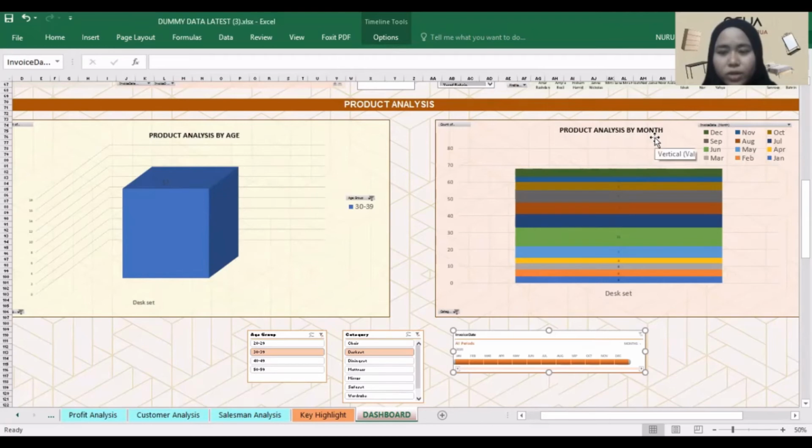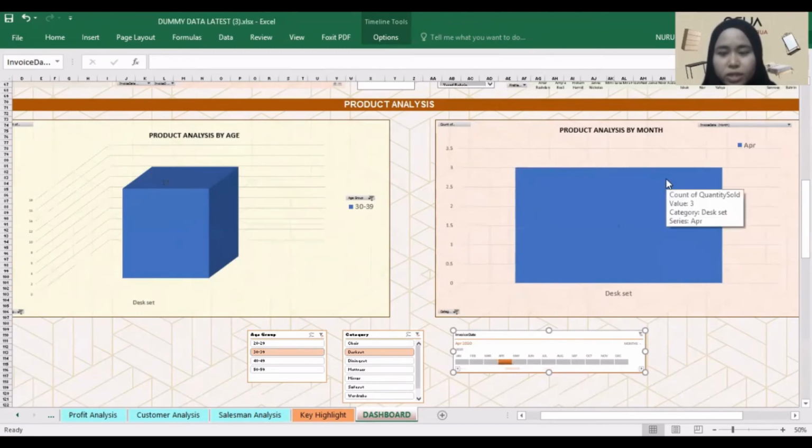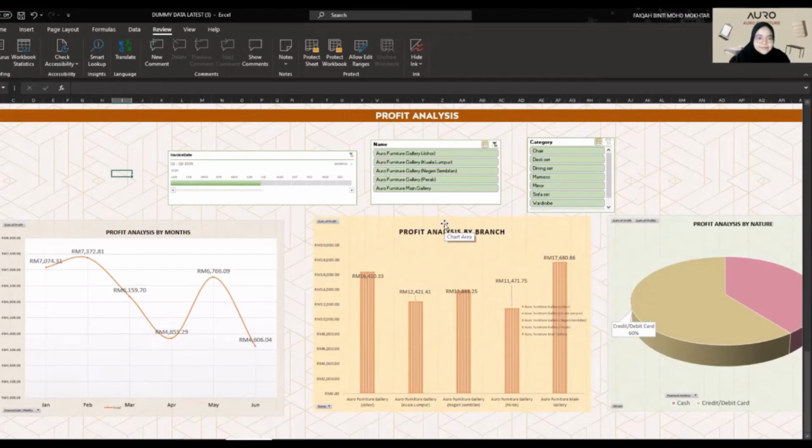And the product analysis by month shows the distribution of the set being sold for the year. If we want to know only the month of April, then we click here and it shows that in the month of April, the quantity of that set being sold to customers aged 30 until 39 is 3 units.